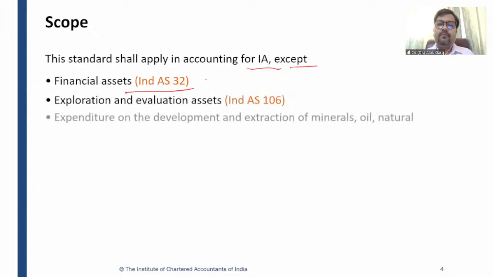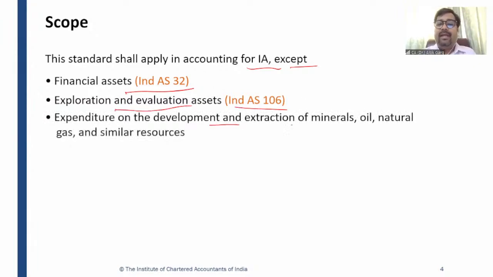Exploration and evaluation assets: expenditure on the development and extraction of minerals, oil, natural gas, and similar resources. So friends, what are exploration and evaluation assets? For example, the government has given mining rights to Ultratech Cement, right?